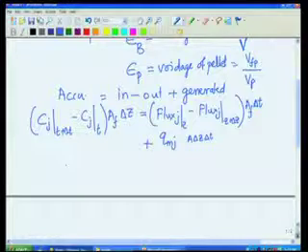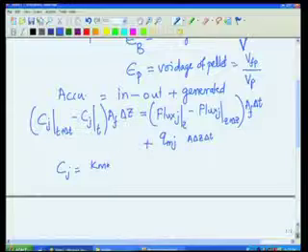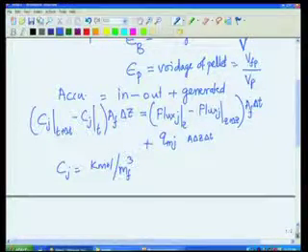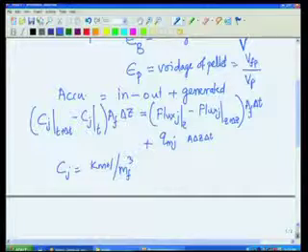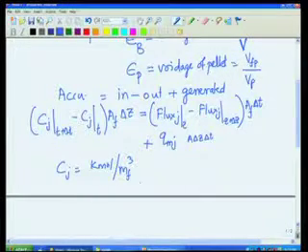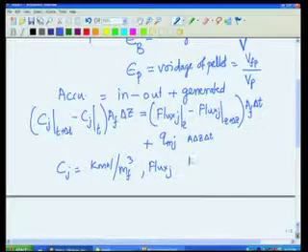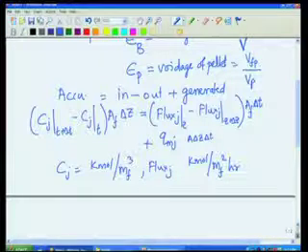So, once again if we look at my Cj, it is let us say kilomole per meter cube of the fluid, and these units are important to keep in mind, because otherwise we will not have consistency of units for all the terms in our mass balance, and we are likely to make some mistakes. Flux of J is again kilomole per, let us say, per hour.